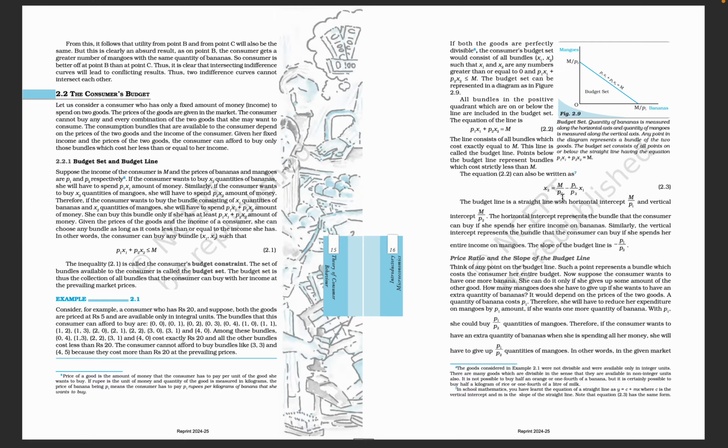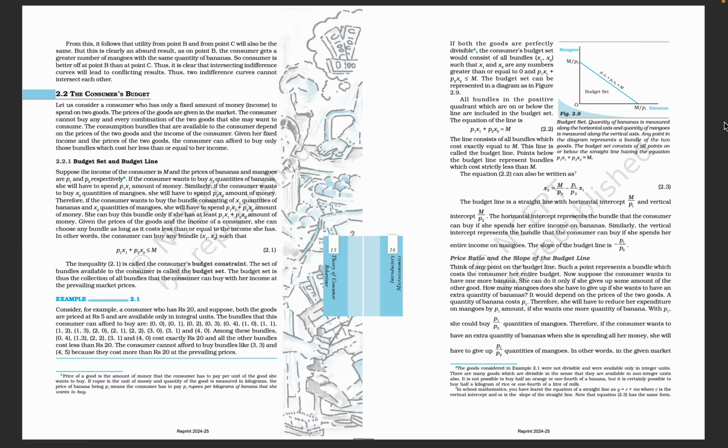Therefore, if the consumer wants to buy the bundle consisting of X1 quantities of bananas and X2 quantities of mangoes, she will have to spend P1X1 plus P2X2 amount of money. She can buy this bundle only if she has at least P1X1 plus P2X2 amount of money.